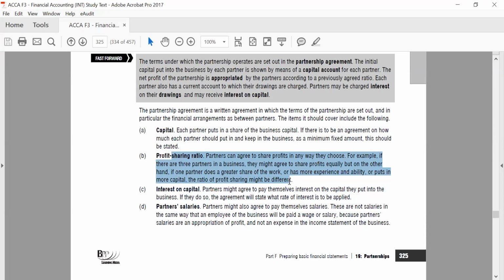So just like any other entity, a partnership most of the time is started to make profits. After the partners have made profits at the end of the year, after removing expenses, what they remain with, the net profit that you would call it in a sole proprietor or a limited liability company, is shared among the different partners.